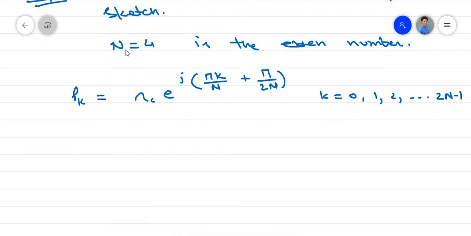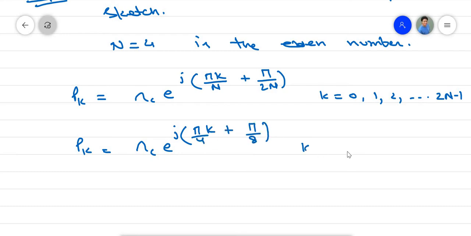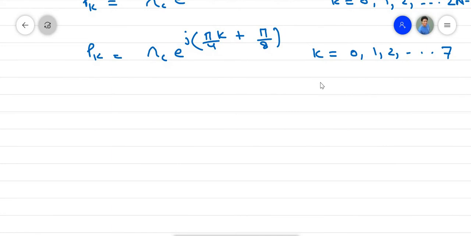Now putting the value of N, we get Pk equals omega C exponential j (pi by 4 k plus pi by 8), for k equal to 0, 1, 2 up to 7. Now we will substitute the values of k and find out the values of the poles.